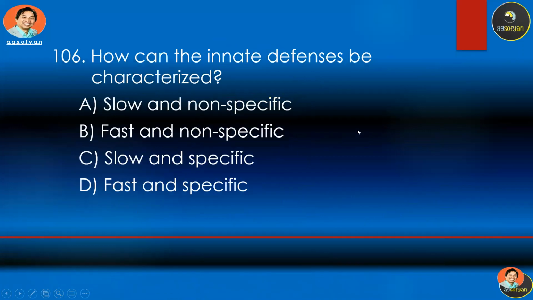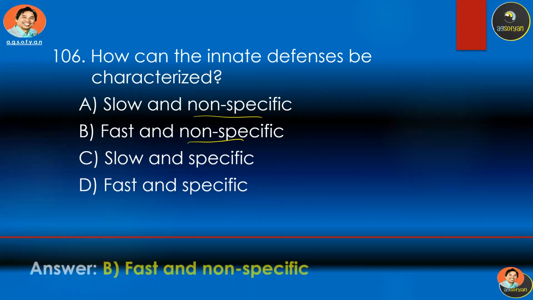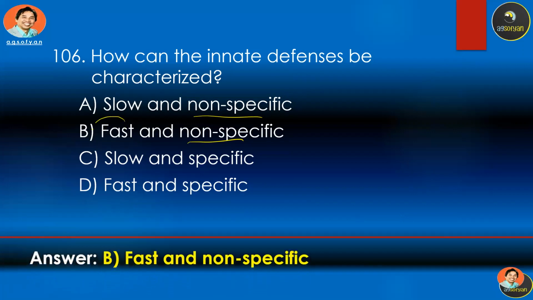How can the innate defense be characterized? A, B, C, and D. So innate means non-specific. And the process is mostly very fast.